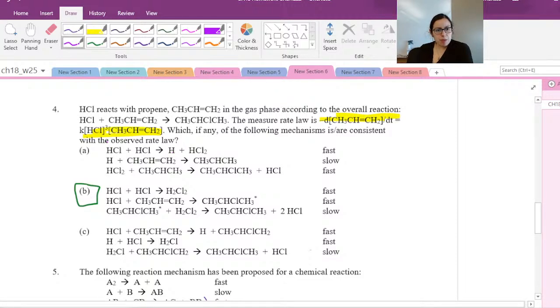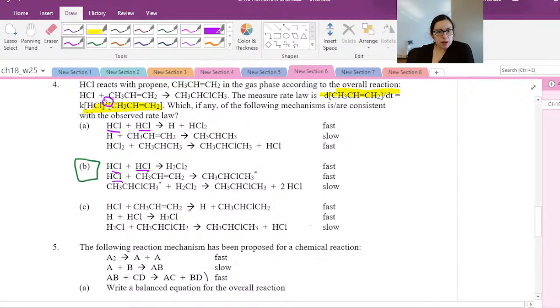Yeah, and part of the problem is we only have 2 HCl's here, and this says HCl3. That's where B at least stood out, without going through any more detailed calculations. You're just looking fast, HCl, HCl. So that looks good. And then, of course, write your propene rate.